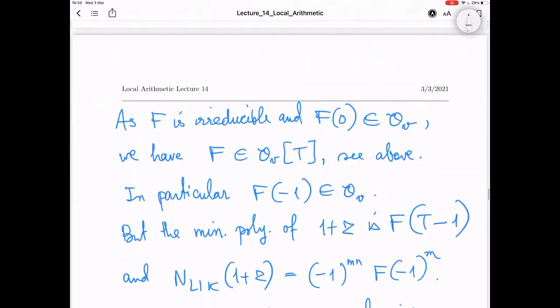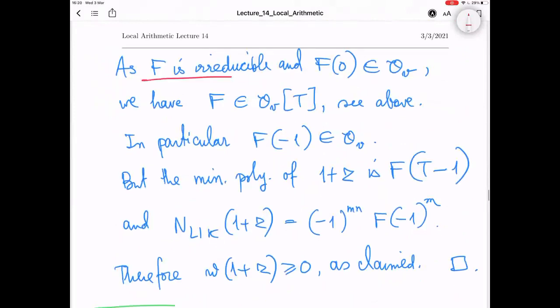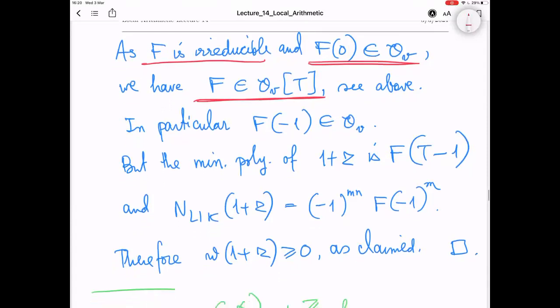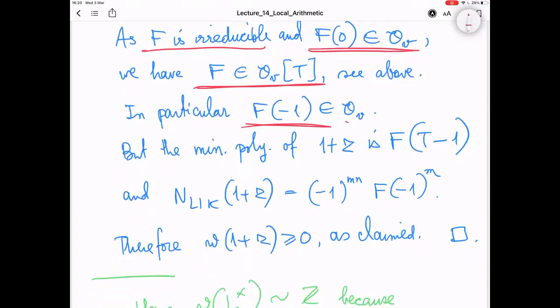Fine. Now, the minimal polynomial is, of course, an irreducible polynomial, and its constant term is in OV. This is what we have just checked. So the whole polynomial will have coefficients in OV by what we have proved just now. In particular, f of -1 is going to be in OV.